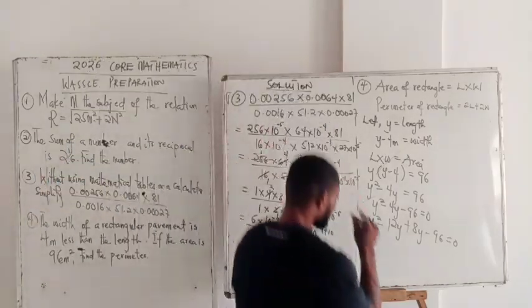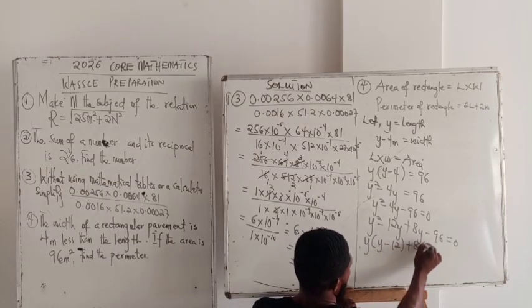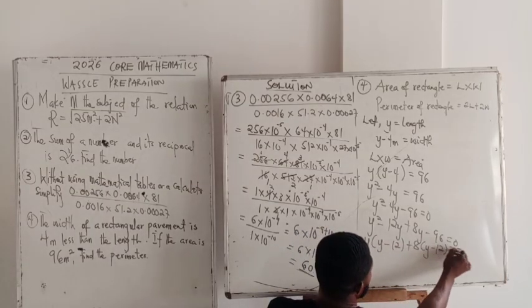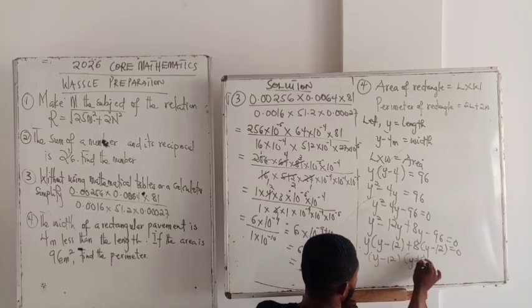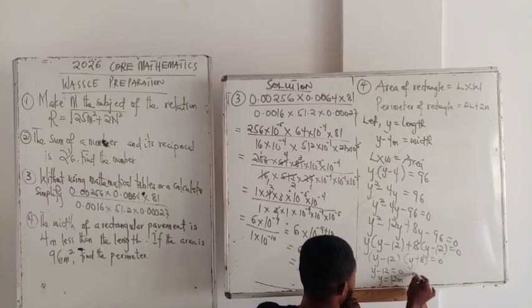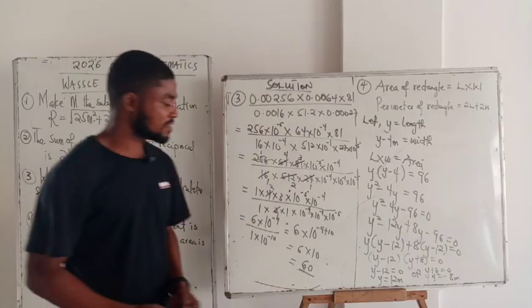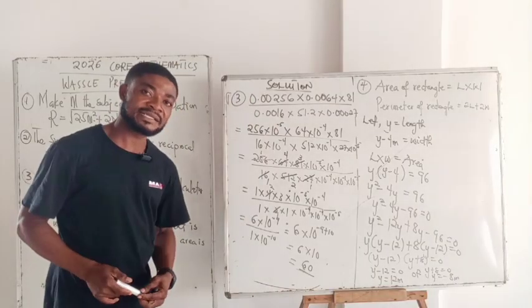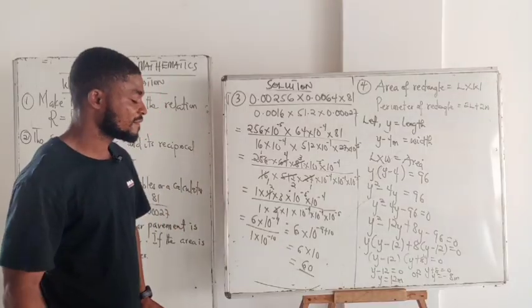Okay, now we will choose y is equal to 12 meters because length cannot be negative, neither can the breadth be negative. So y is equal to 12 meters.